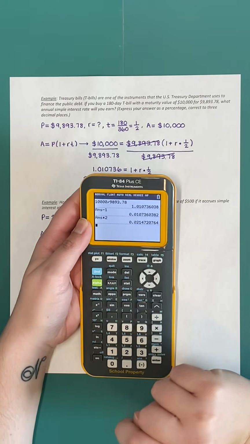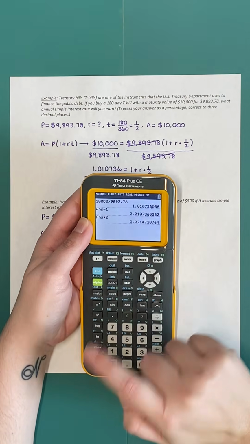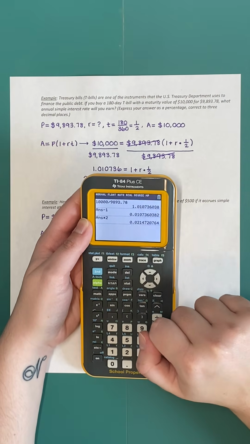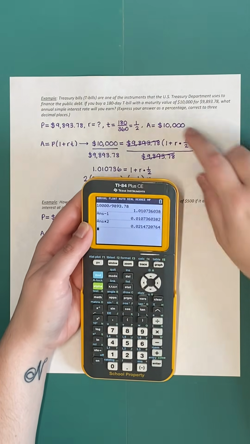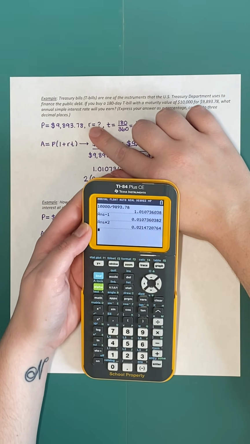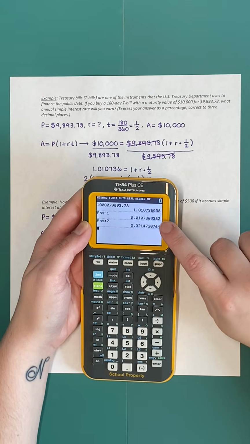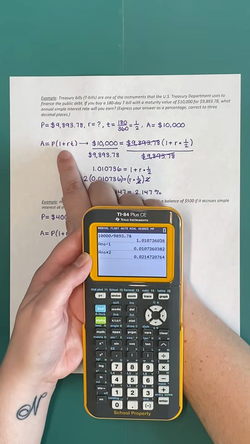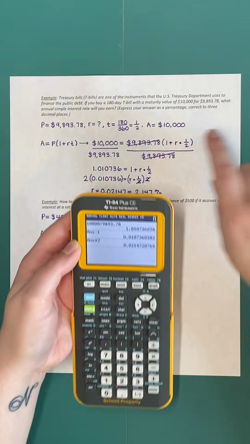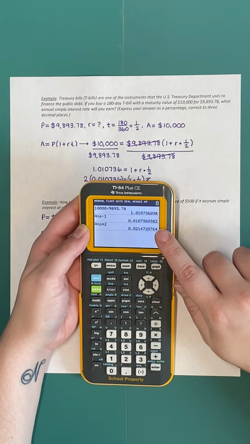Now, it's almost our final answer, but not quite. It's the version of the final answer we would have in order to work with this number algebraically. But remember what we were solving for. We were solving for an interest rate. So this is an interest rate, but it's the decimal version. It's the version that we would plug into the formula. So it's not the actual percentage.